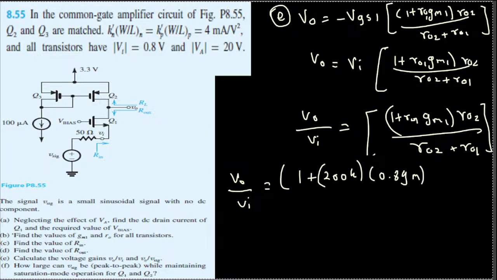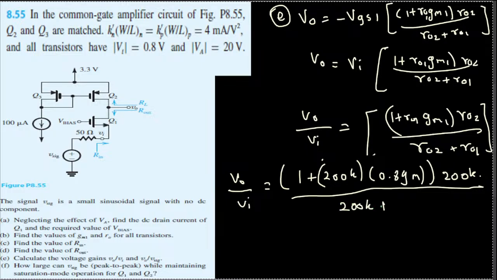These are the things we calculated in part B. RO2 is 200K as well, and in the denominator we have RO2 plus RO1, both of them 200K. Plug them in and calculate, and you end up getting 89.5 volts per volt. This is VO over VI.